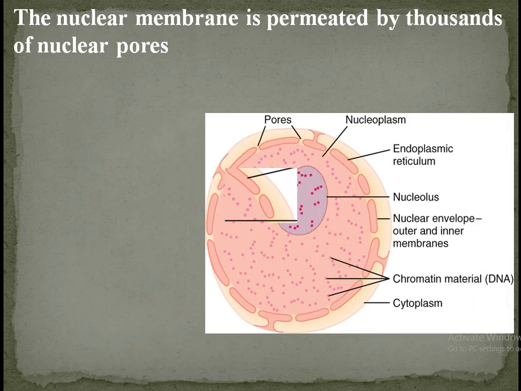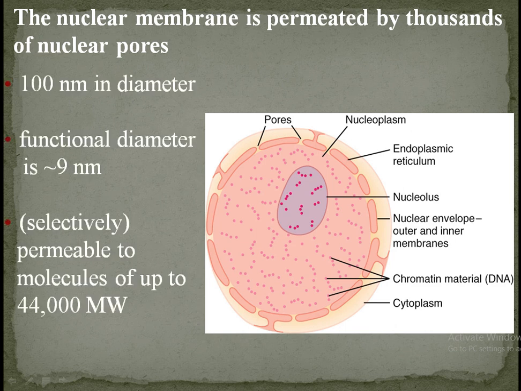Then comes its membrane, which is called the nuclear membrane, and it is permeated by thousands of nuclear pores, as you can see from this picture, that in this nuclear envelope we have different types of pores. This nuclear membrane is a double layered membrane.